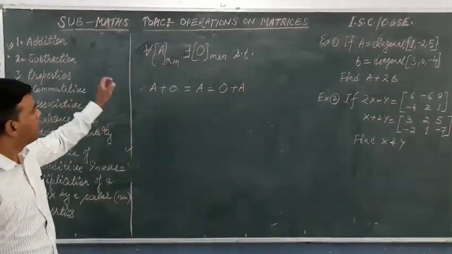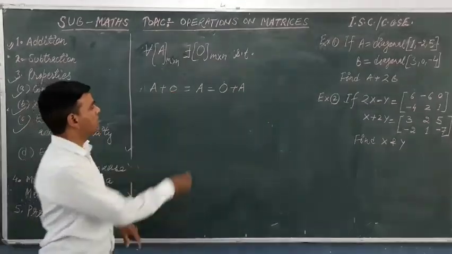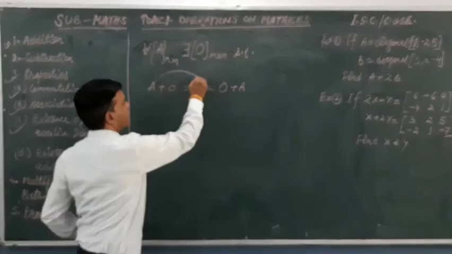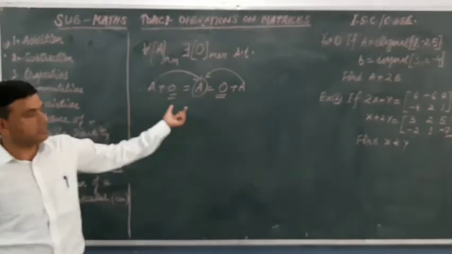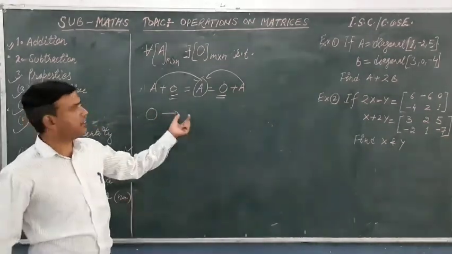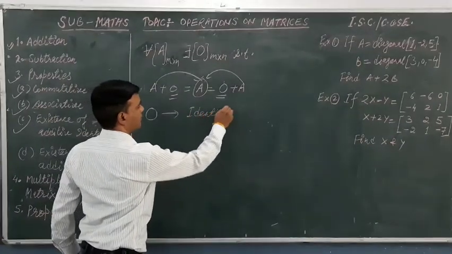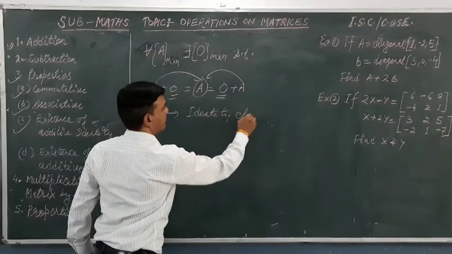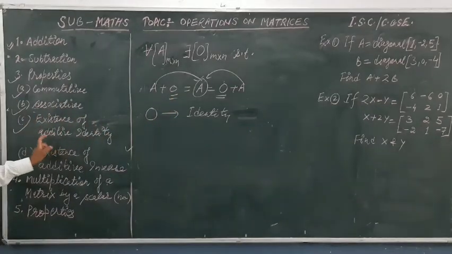It means that when this matrix is added to any matrix, we get the same matrix. In such a condition, this matrix O is called the identity matrix for any matrix. This is called the identity element or matrix, the existence of additive identity.